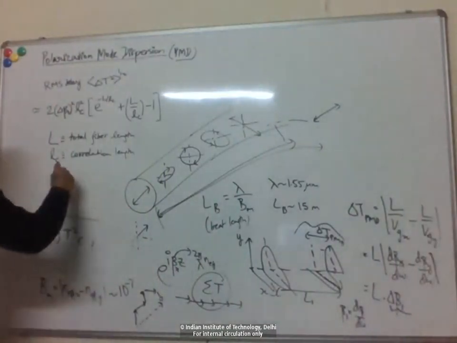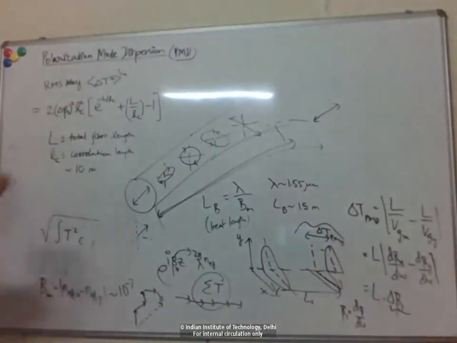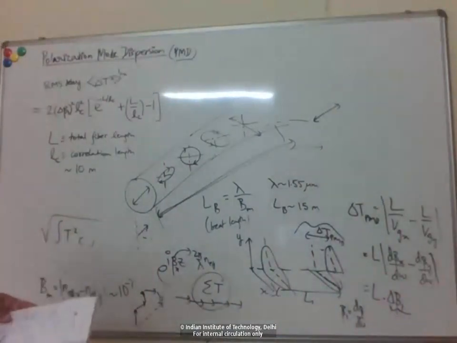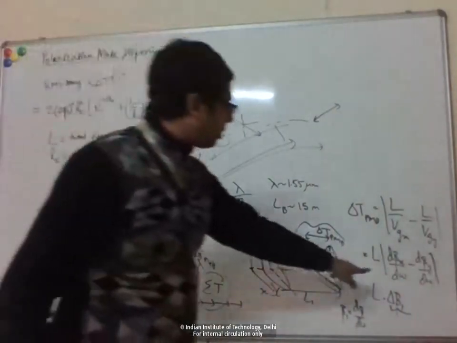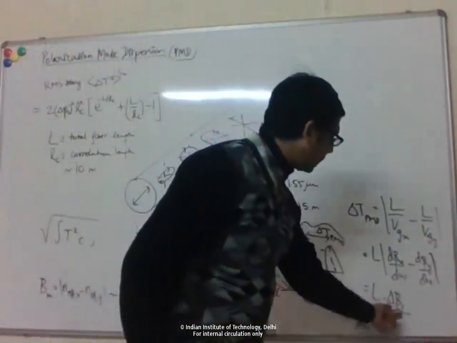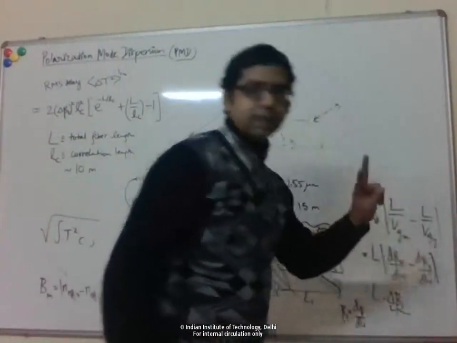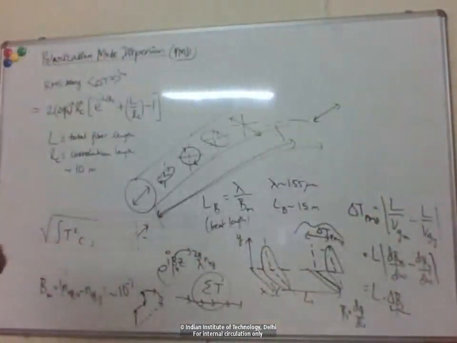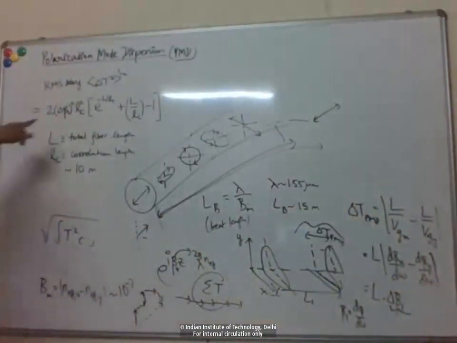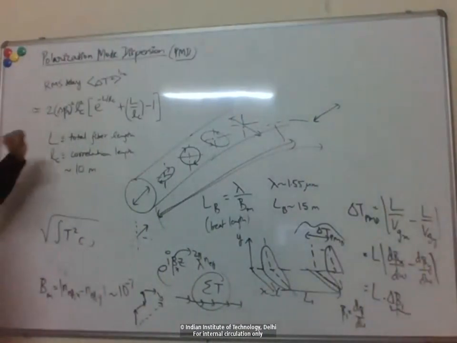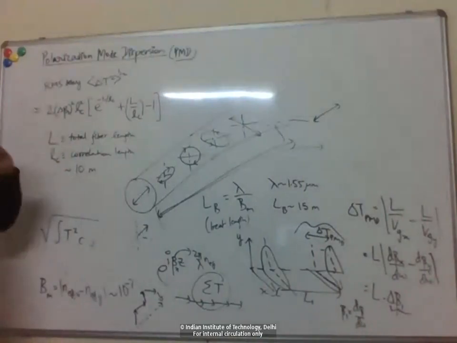Typically this is about 10 meters for a conventional fiber. Delta beta 1 is the same delta beta 1 as before. It's the birefringence, or the difference in the group velocities of the two orthogonal polarizations.